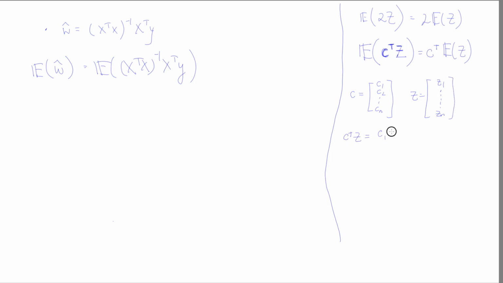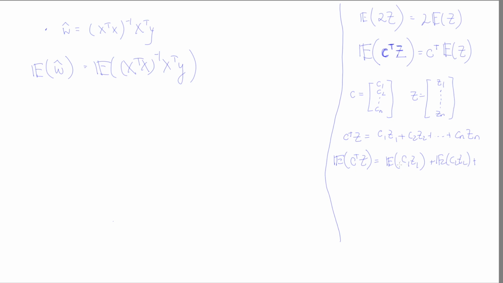That's equal to c1 z1 plus c2 z2 plus all the way up to cn zn. So when I take the expectation of c transpose z, I'm taking the expectation of c1 z1 plus the expectation of c2 z2 plus all the way up. Now, this is just a one-dimensional expectation.